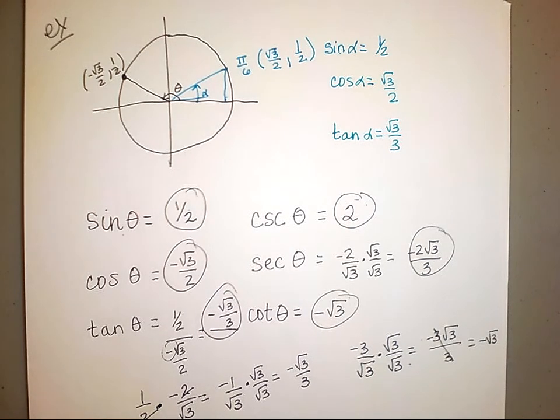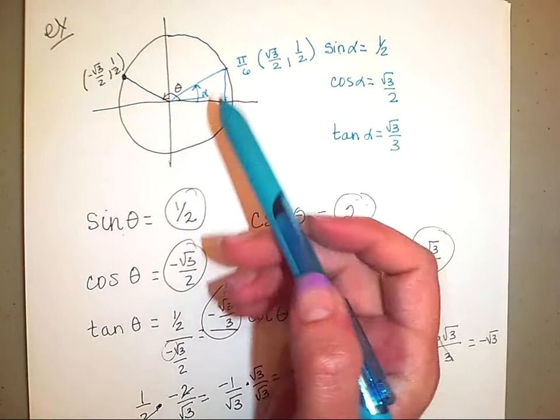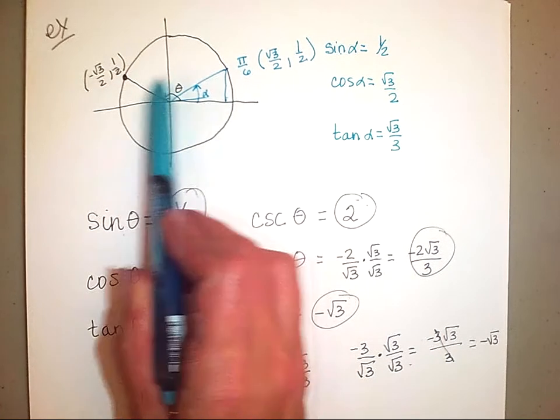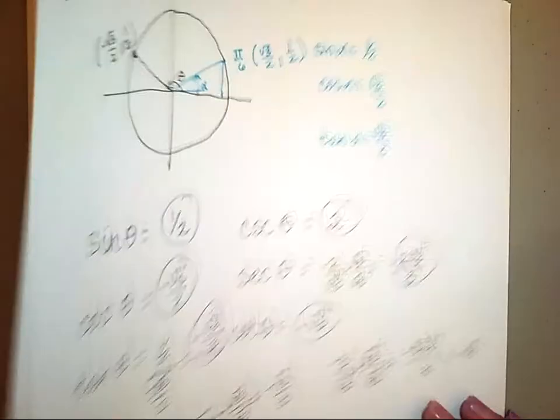So we might ask ourselves about the evenness and oddness of this function. Here we have symmetry across the circle. So let's remember about even and odd functions.